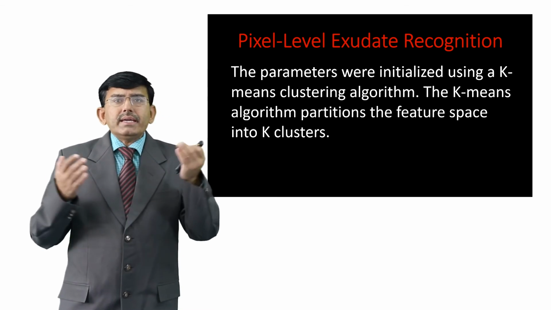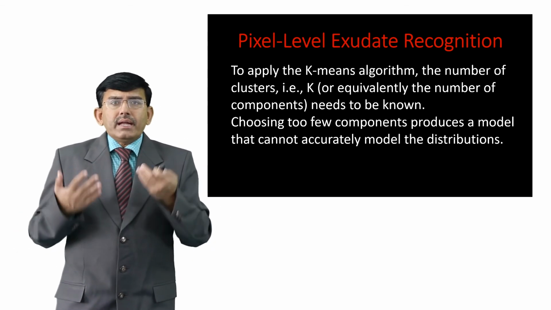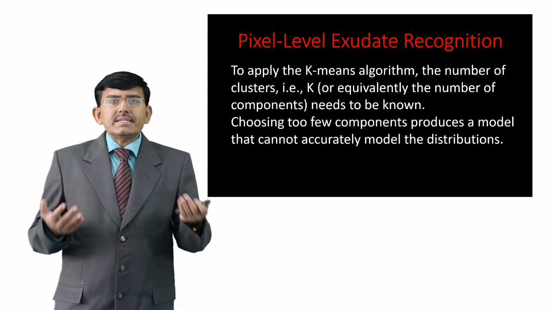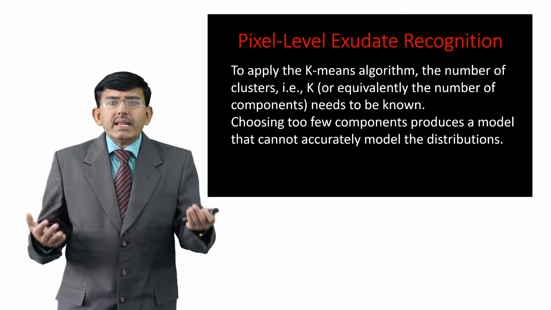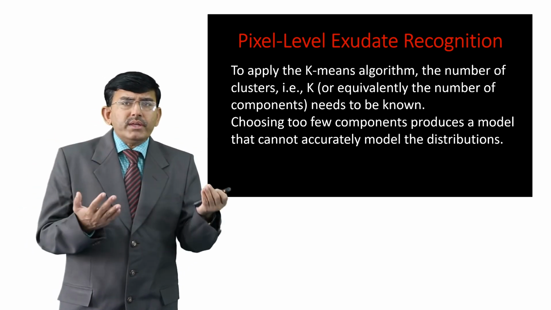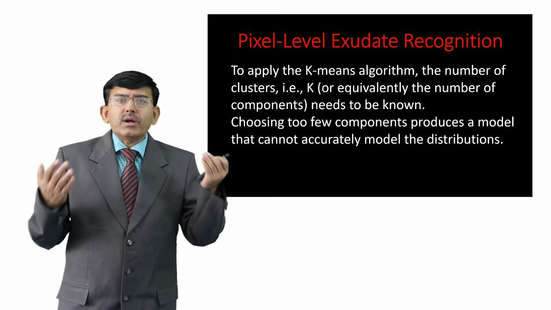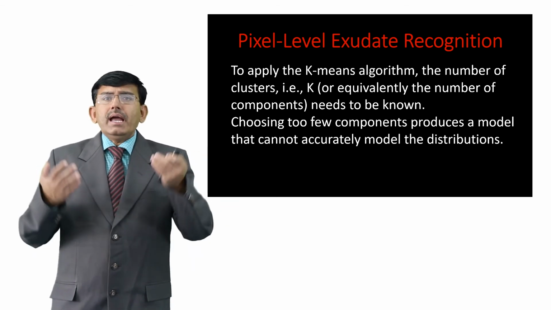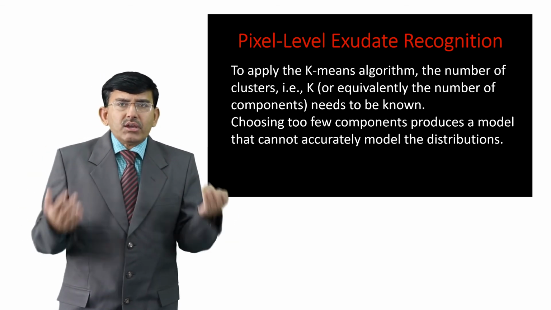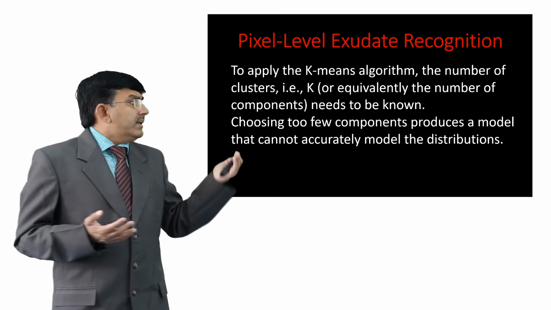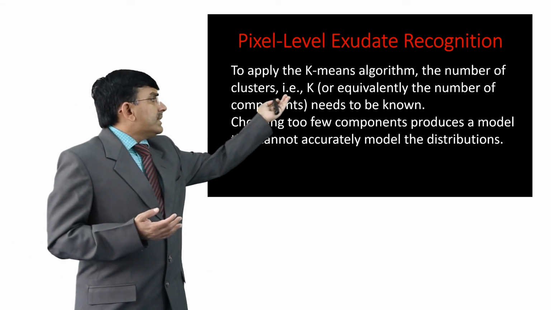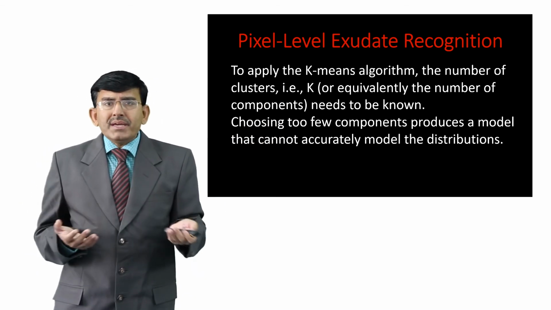To apply the k-means algorithm, the number of clusters, that is k, or equivalently the number of components, needs to be known. Choosing too few components produces a model that cannot accurately model the distribution of the grayscale on the images.